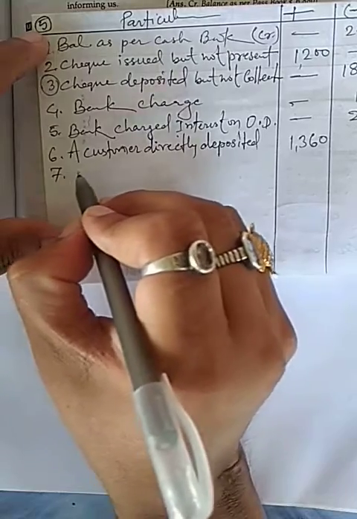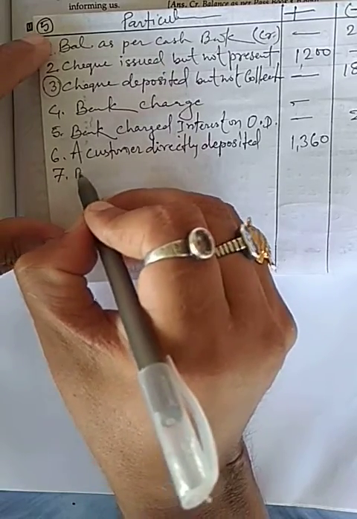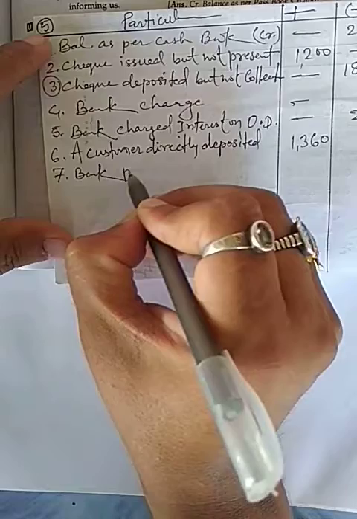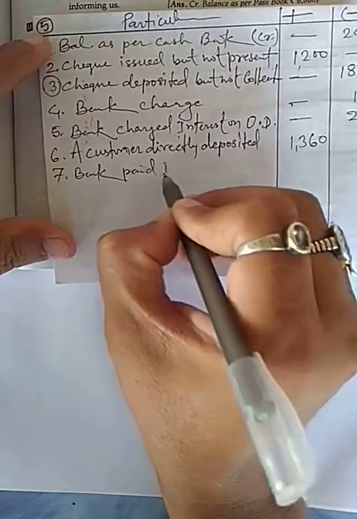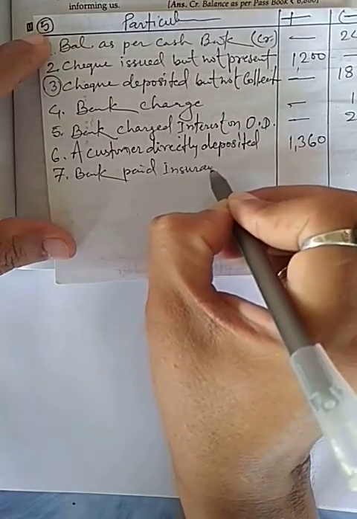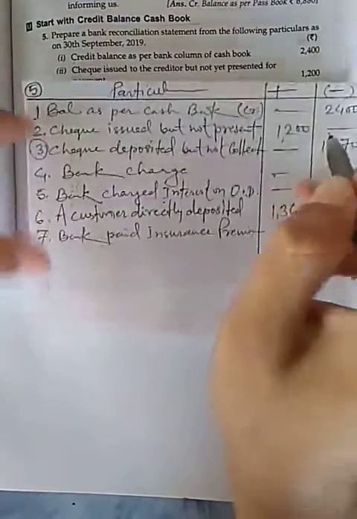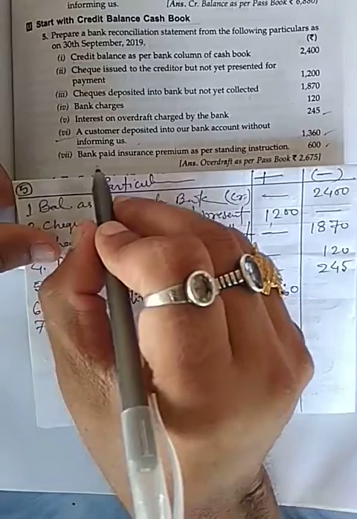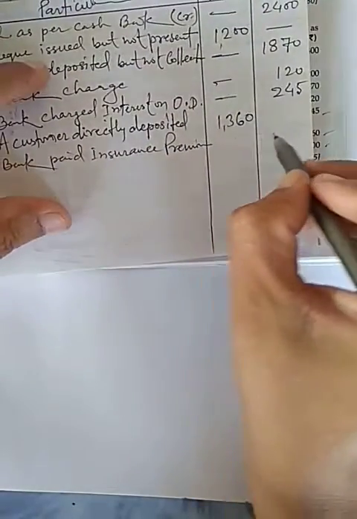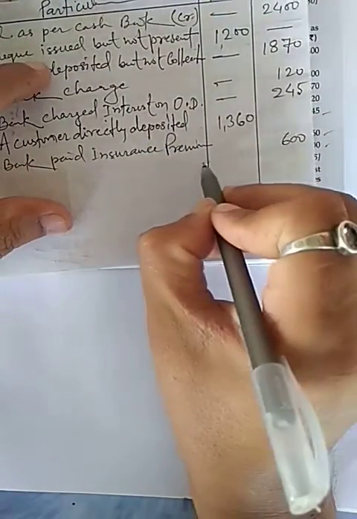So the statement will be bank paid insurance premium. Now amount will be 600 in minus side.